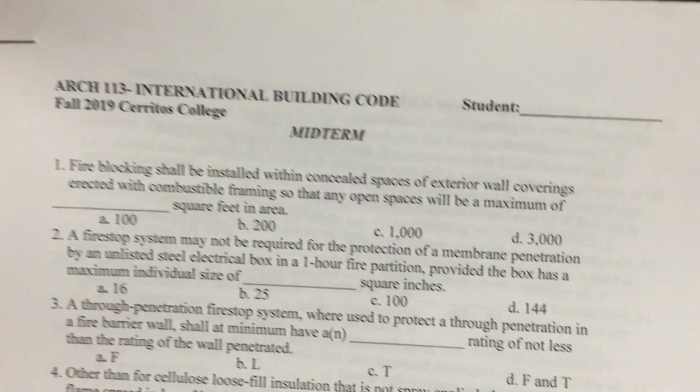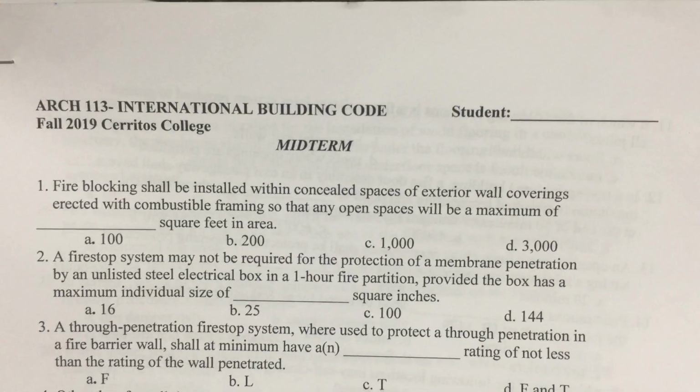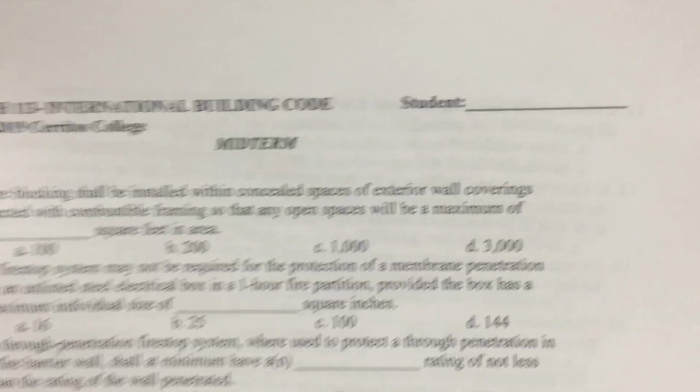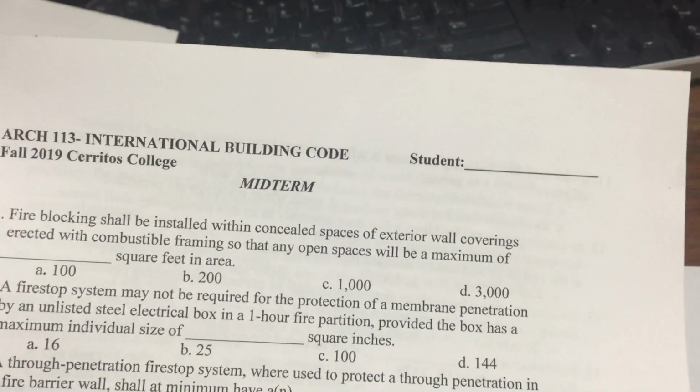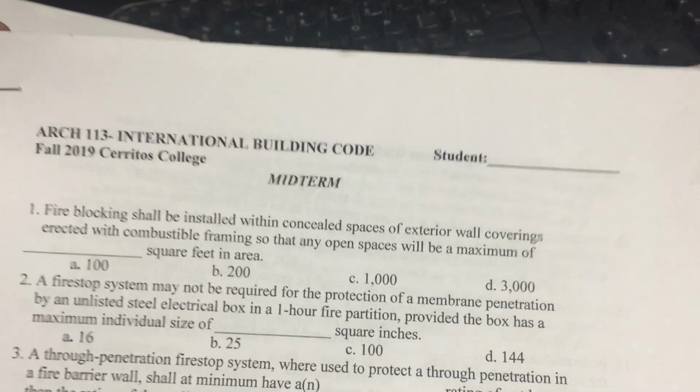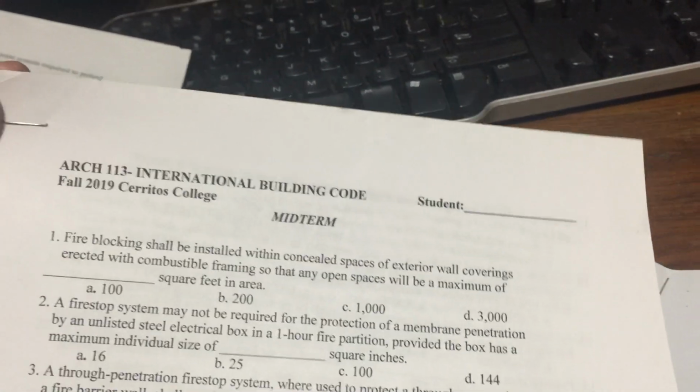So that's why a few of my students are not in the architecture major, but they take this class for that purpose. So today I will let you know about that and something I work on at Cerritos College.